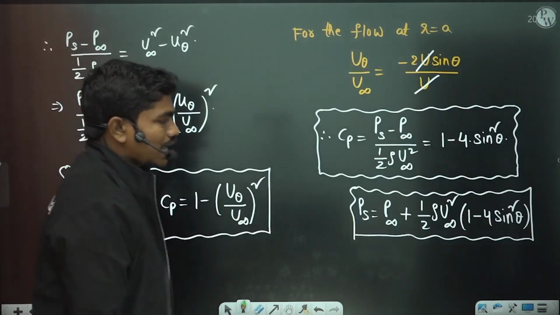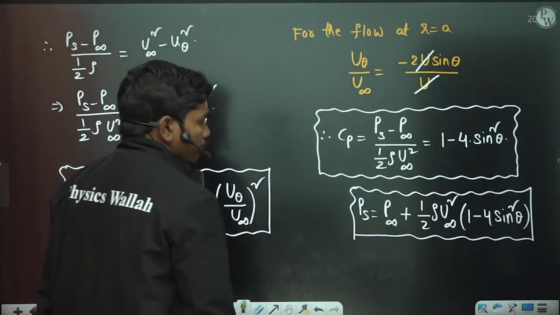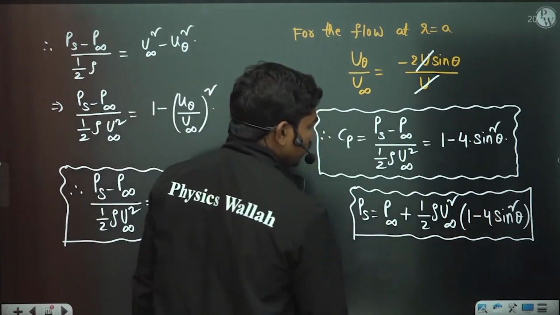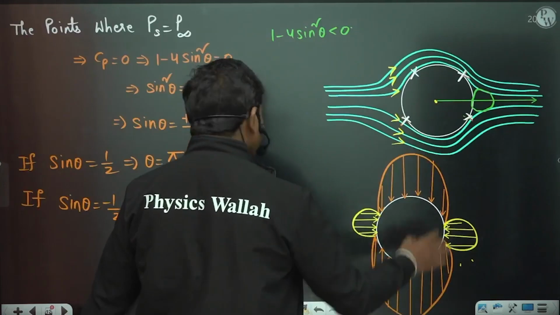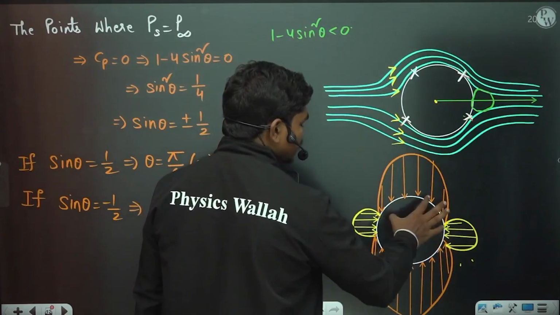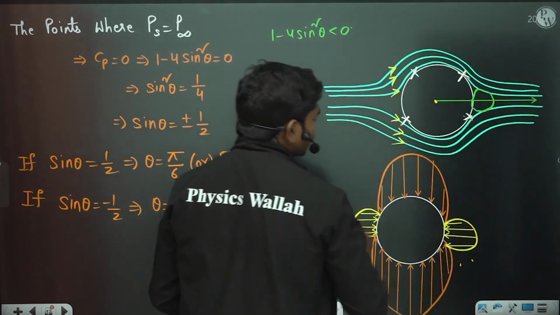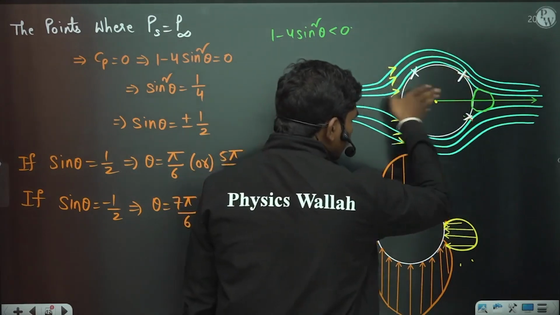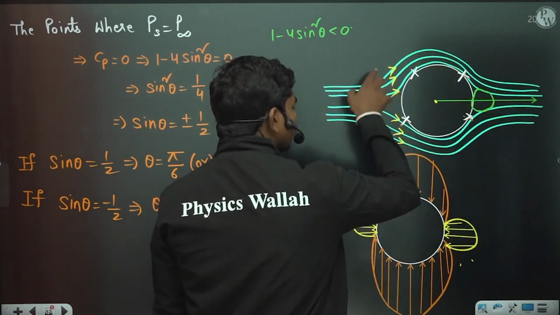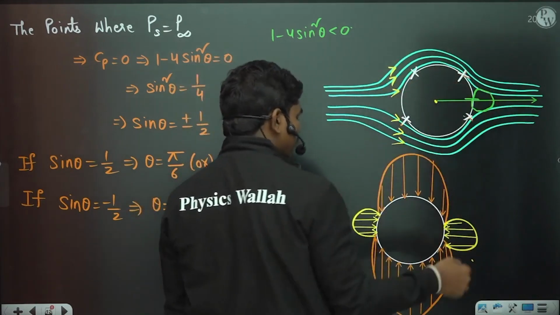Whenever this is positive, you can observe one thing. This is a symmetric distribution, but if you see carefully, on the top of the cylinder, this is the pressure variation. Let us suppose this is air, and the cylinder is trying to move in this direction, like in the case of a golf ball.